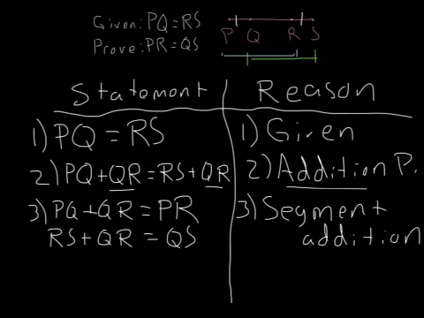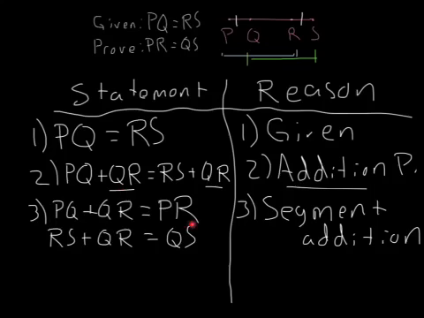Okay, finally, I have this whole thing here. I have PR, I have QS, and looking back at step 2, I had PQ plus QR.